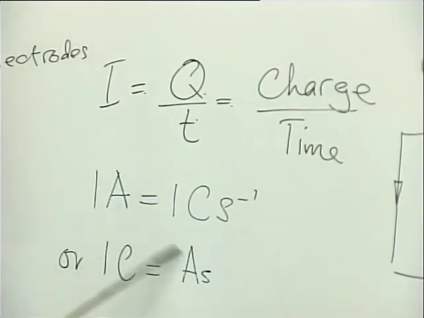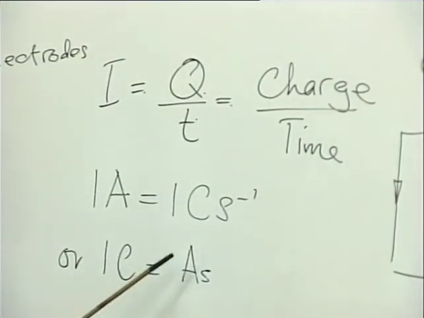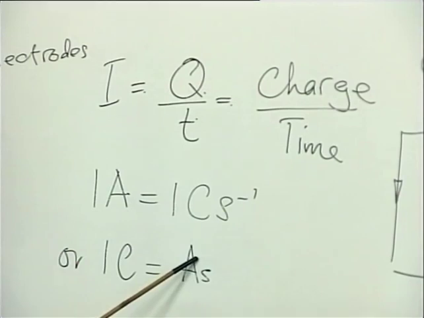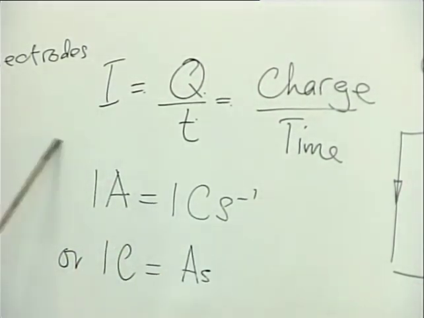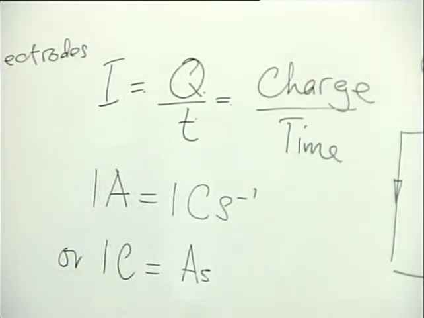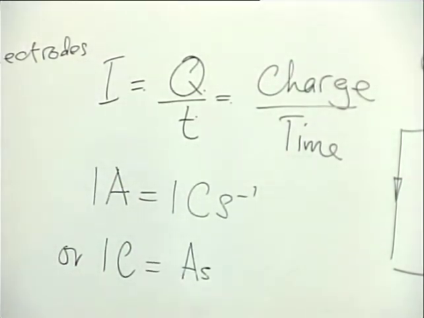And you can change that equation to give you 1 coulomb equals 1 amp second. So that is all about current and also the electrons.